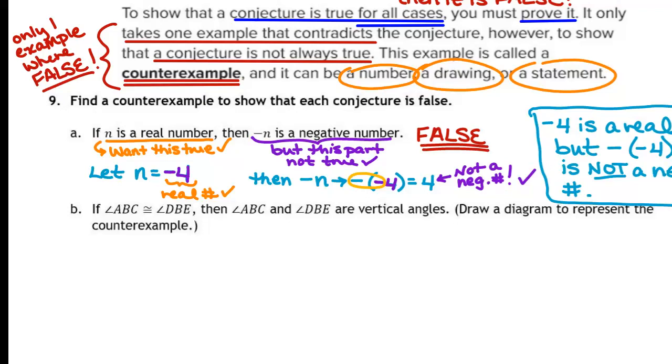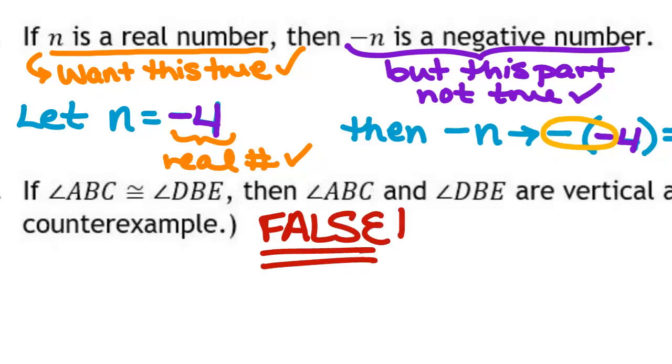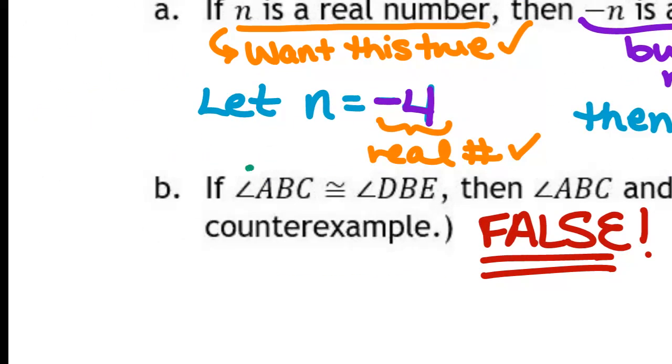Let's look at part B. It says if angle ABC is congruent to angle DBE, then angle ABC and DBE are vertical angles. And we want to think up a counterexample. So we're starting off already with the idea that this is false. So I want to think up an example where this is true.